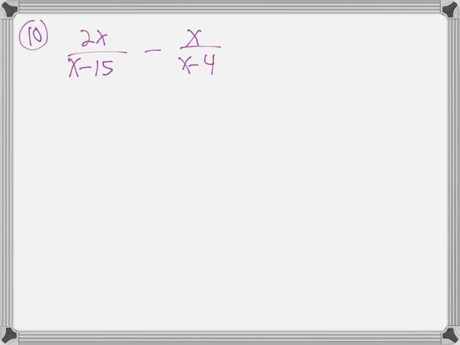Making some sense? So top and bottom of that one by x minus 4, right? Top and bottom of the other one by x minus 15. Is that good? Basically multiplying by the other denominator.